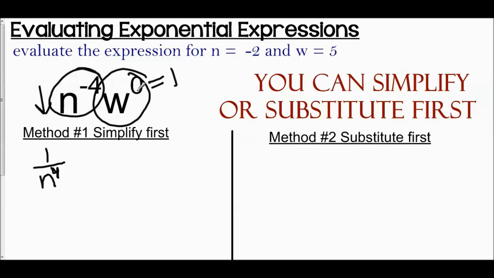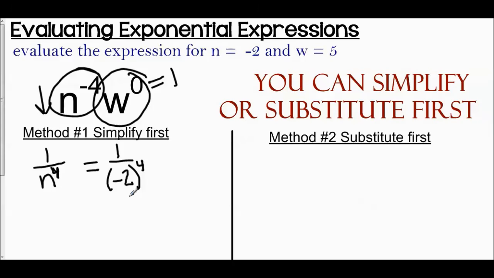The w to the 0 power, it didn't matter what w was because it was going to be equal to 1. The n to the fourth power is negative 2. So that's going to be 1 over negative 2 to the fourth power. Notice how I have negative 2 in parentheses. If you're going to plug this into a calculator, it is extremely important that you have the parentheses.